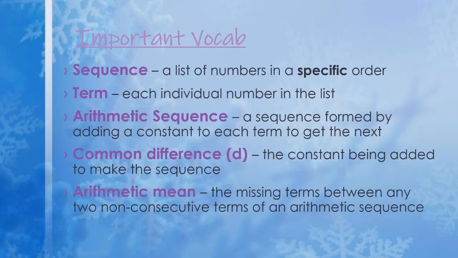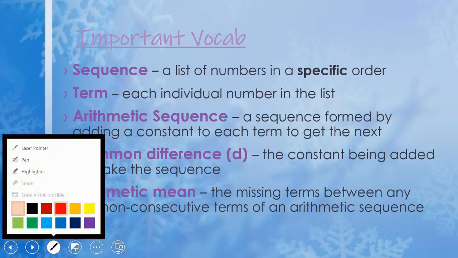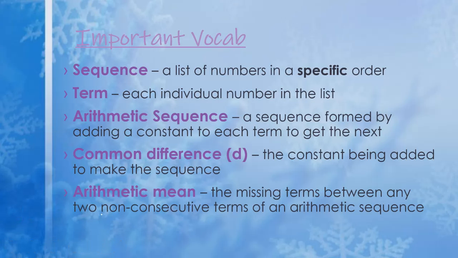The last thing you need to know is an arithmetic mean is the missing terms between any two non-consecutive terms of an arithmetic sequence. And maybe we should talk about non-consecutive for a second, because that's kind of a new word too. Non-consecutive means not in order or not following each other.